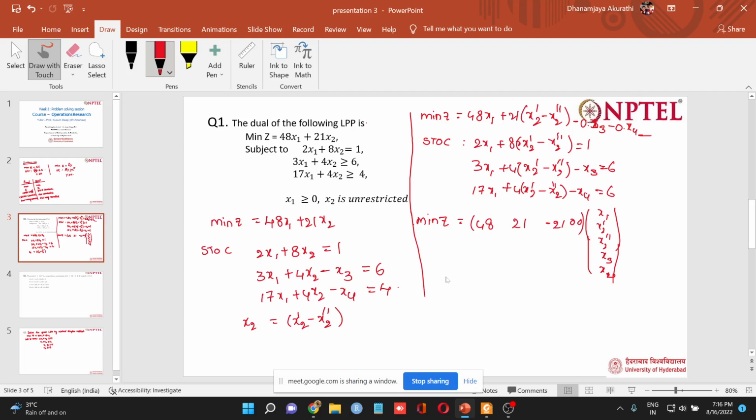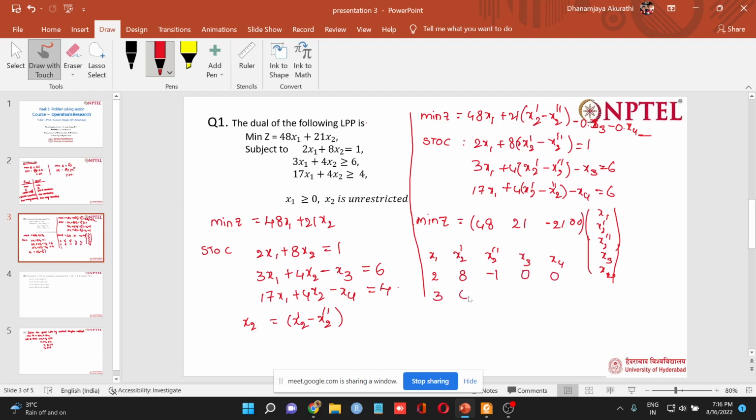And the matrix form for the constraints is: 2, 8, minus 8 for x1, x2 dash, x2 double dash, then minus 1, 0, 0.